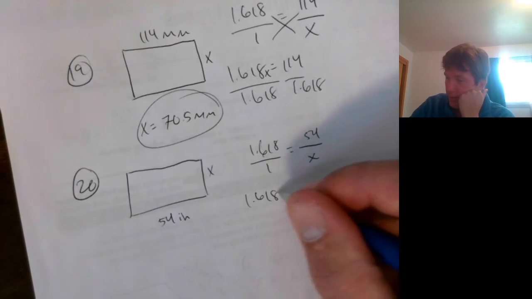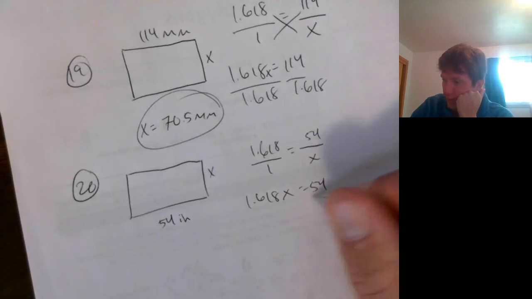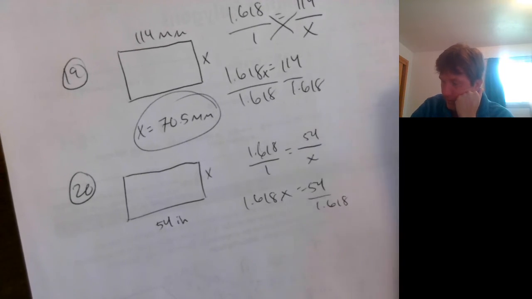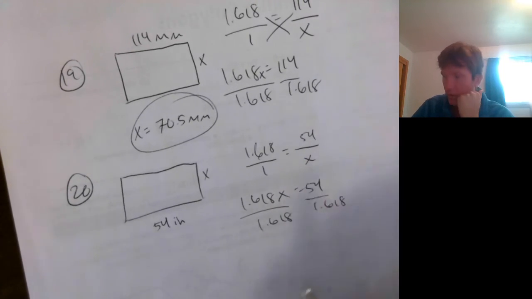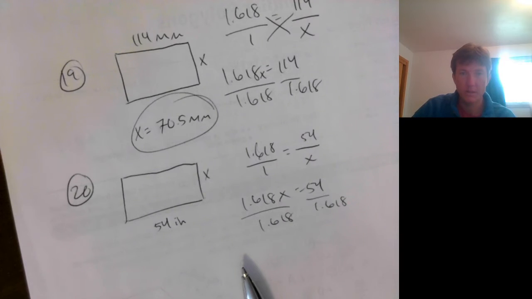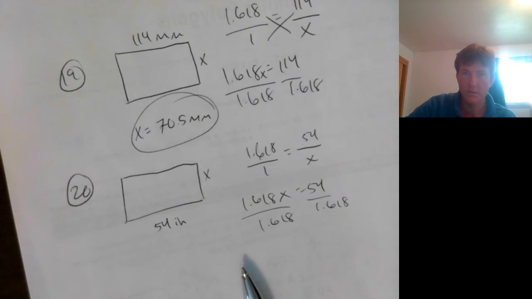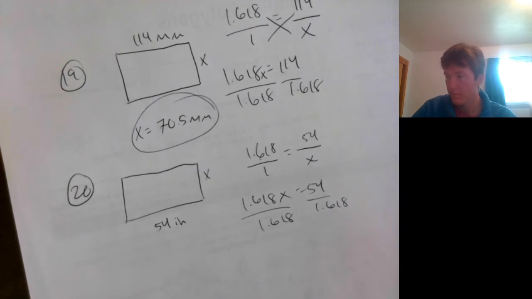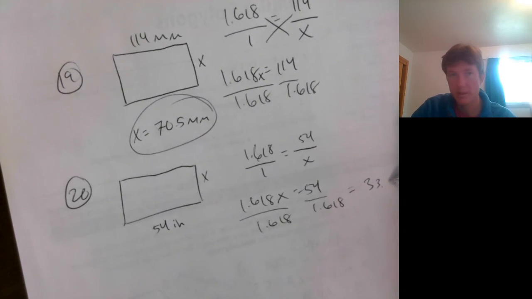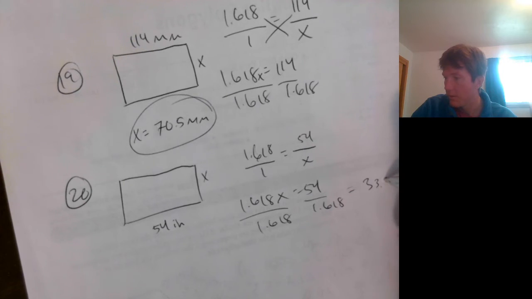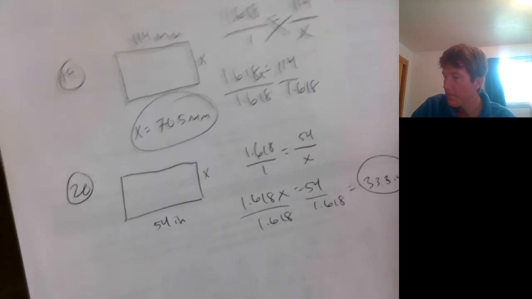So we need 1.618x equals 54. Divide that by 1.618. Then that means that the cloth can have dimensions 33.3 inches.